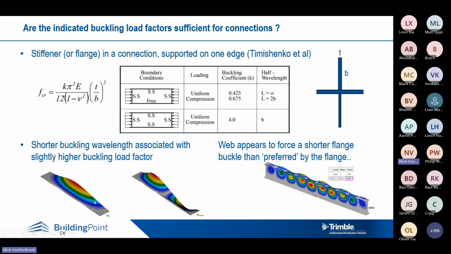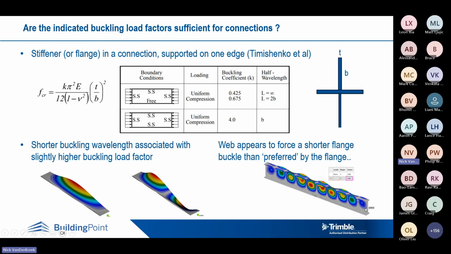And so as I could make this plate longer and longer, I'll get this full half wavelength over the full length. I saw that in the software when I did some experiments. But if we have simple support on both sides, like a web, either as a column or even a bending moment, we're going to have some differences creeping in.